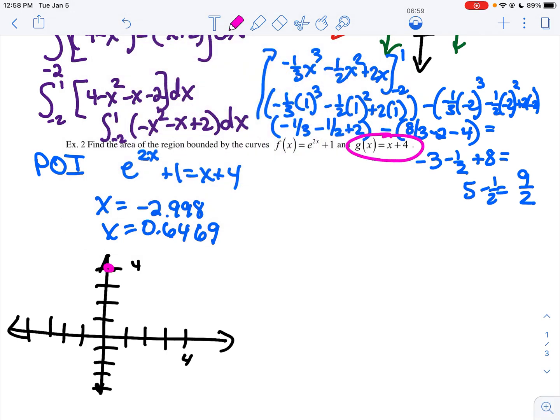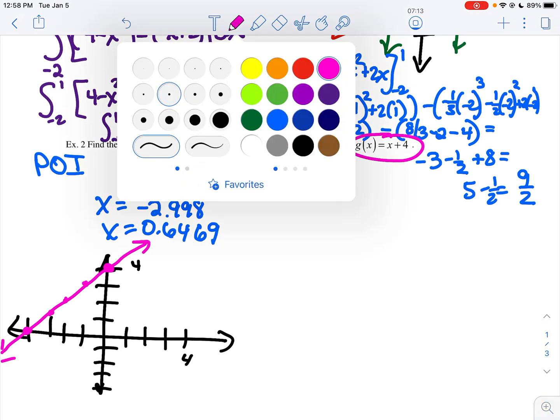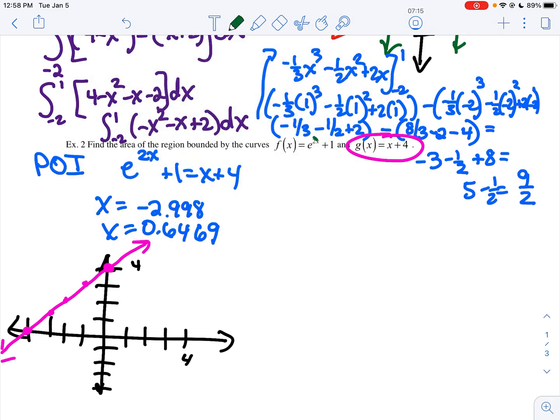Okay, so I'm going to do this one by hand, just because I prefer using my brain. Here's the line. And then e to the 2x and then a plus 1. That plus 1 is down below. So again, you're going to have to use a calculator.